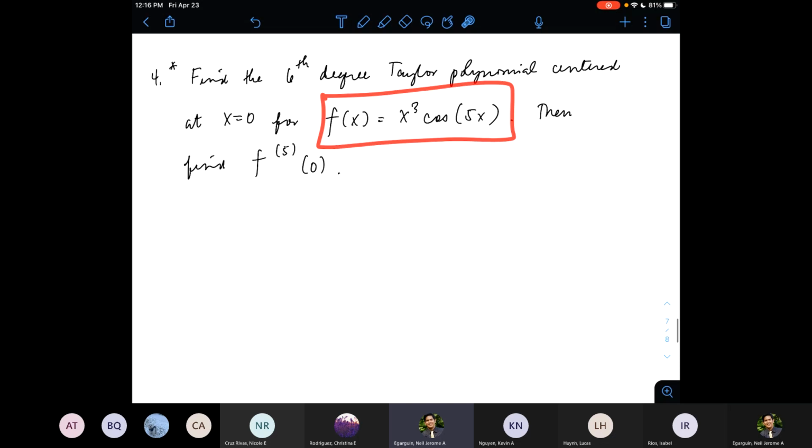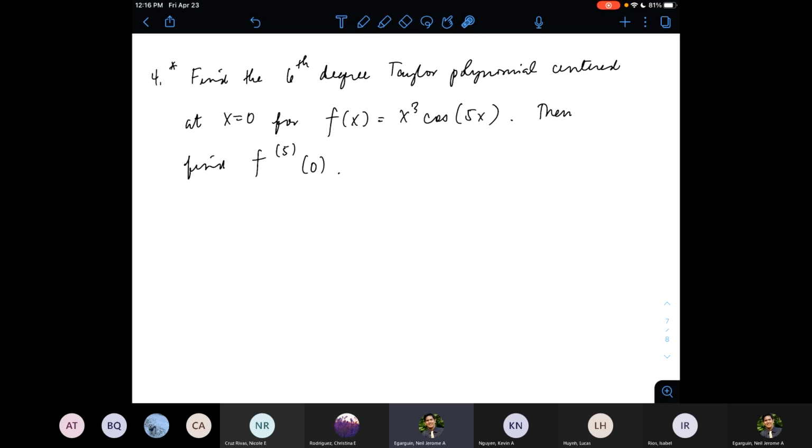And then aside from that, we need to find the 5th derivative at 0. Without knowing the expansion for f, finding the 5th derivative will be very tedious because here you have a product, you need to use the product rule, and so taking higher degree derivatives will get messier and messier.